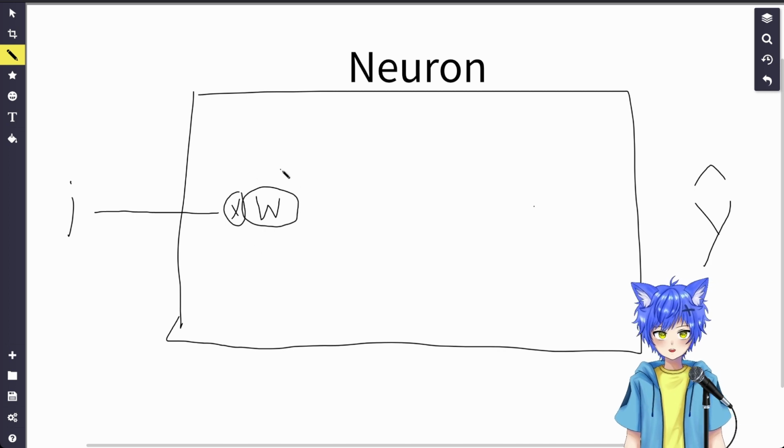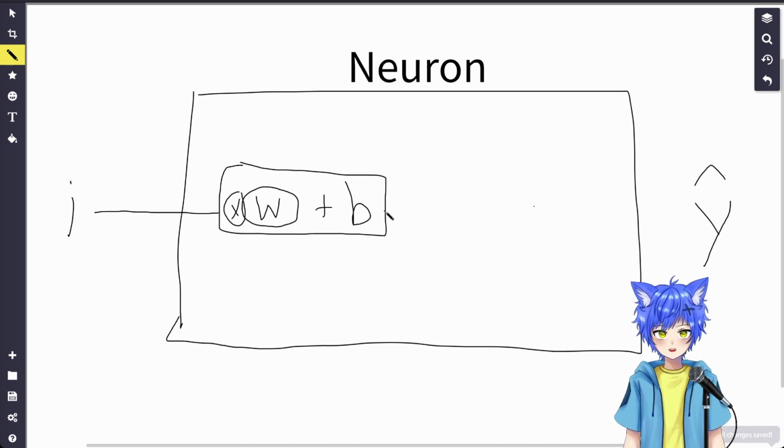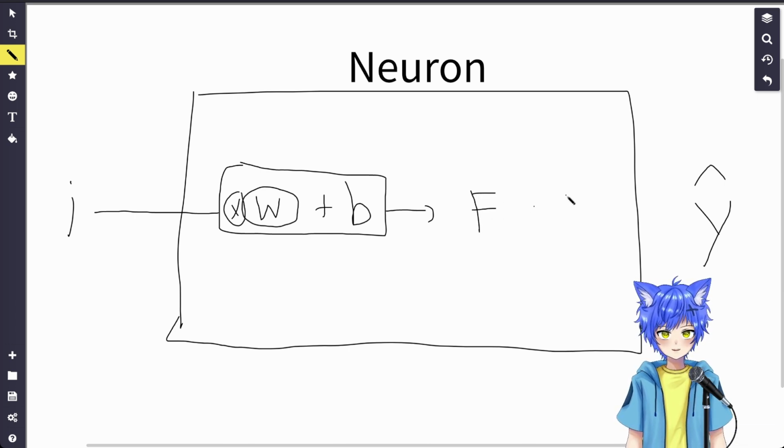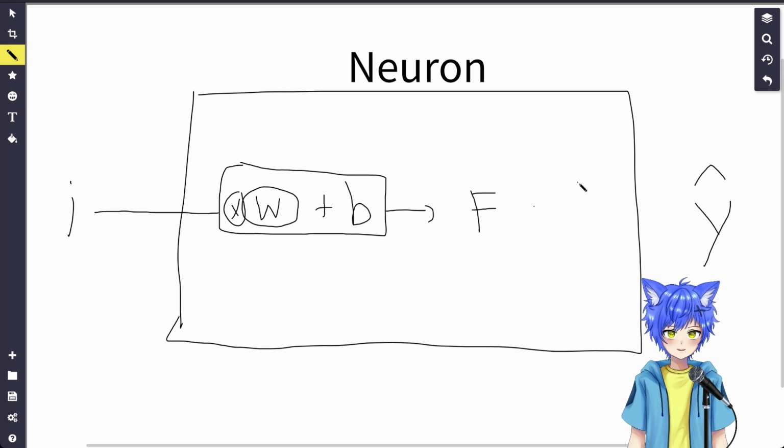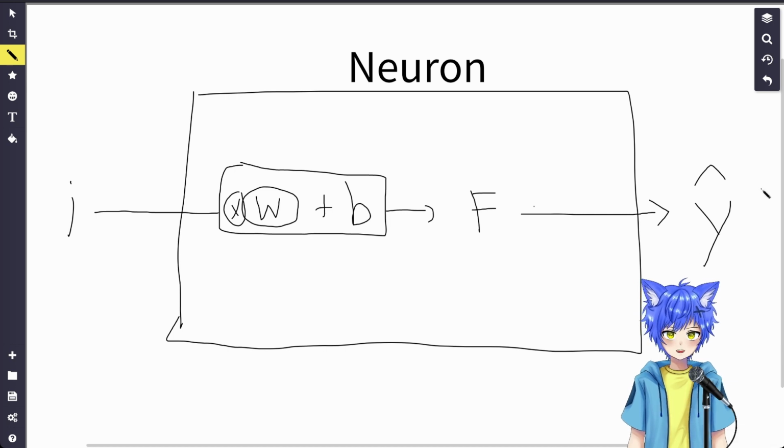And then this whole value will be added to a bias, which we will call B. Now with this whole expression, it will be fed into a function, which we will call F. And this function would finally spit out the output, Y hat.